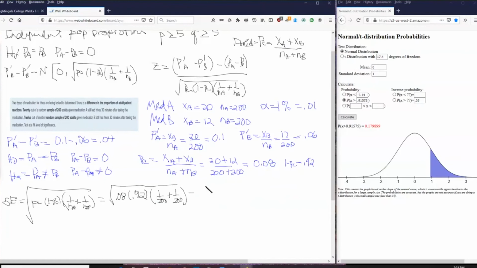And when we do the calculation, that's going to give me 0.02713. Any questions so far?